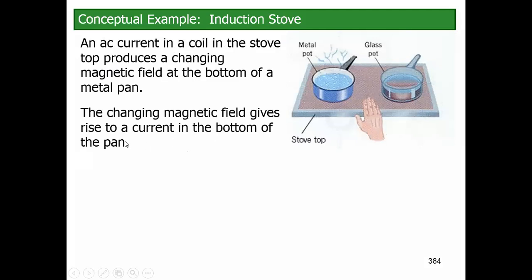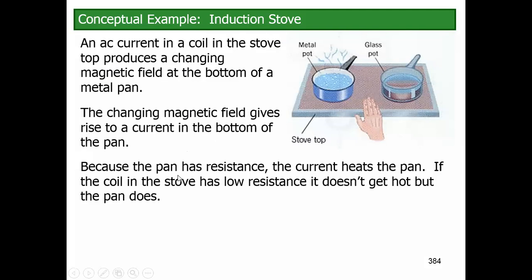This changing magnetic field gives rise to a current in the bottom of the pan, and because the pan has a resistance, the current heats the pan. So this has been utilized. The induction stove is being used in houses, and the eddy current is the concept leading to the use of such induction stoves. That's clear? Yes, sir.